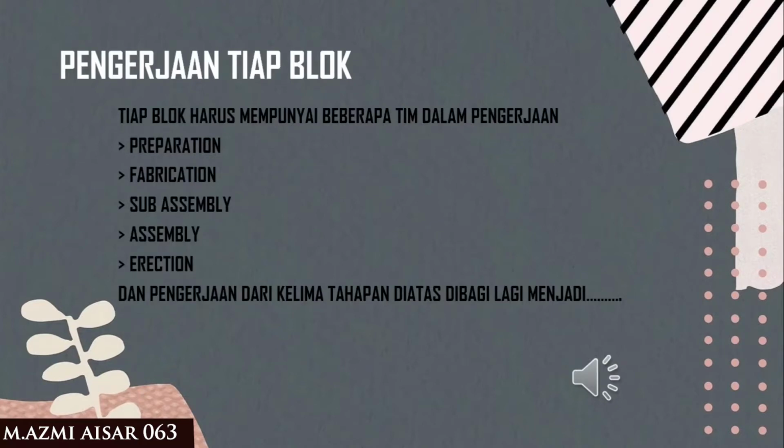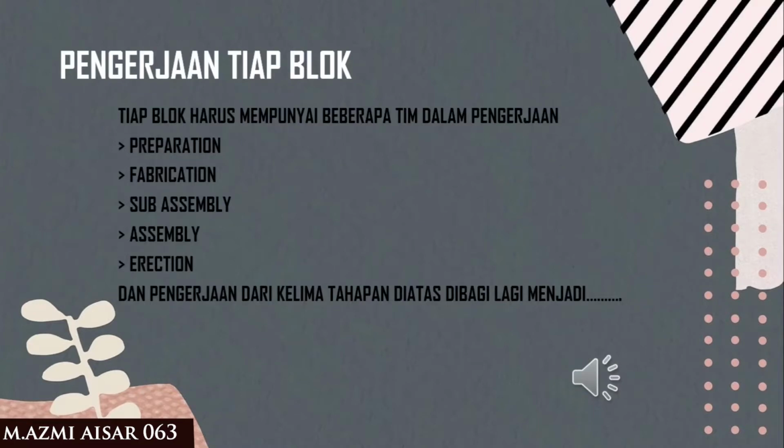Then preparation of workshop, work area, and assembly, concerning the preparation of workshop and building berth where the ship construction will be erected to form blocks. Preparation of work support facilities, such as cranes owned by the shipyard, to be used in the shipbuilding process.